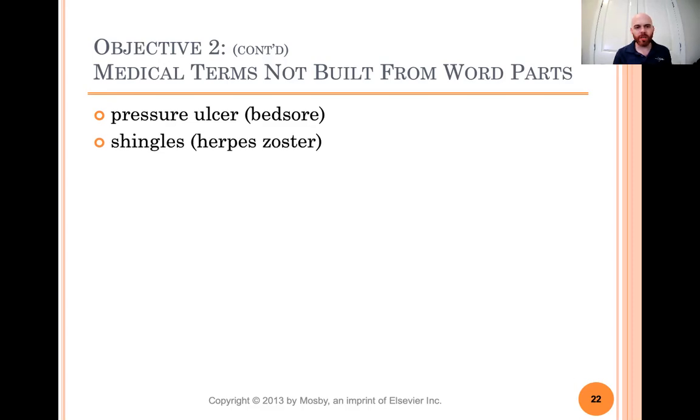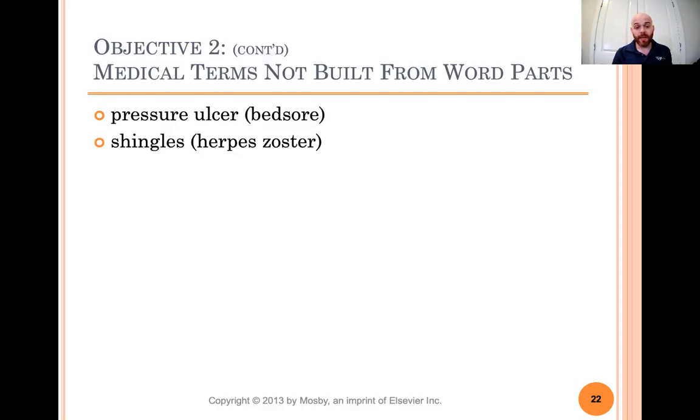Shingles. What is shingles? You all know this. Shingles is something that a lot of older people get, but it's actually the exact same herpes virus that causes chickenpox. So if you've had chickenpox before, or if you have any type of herpes, then you have the shingles virus in you.